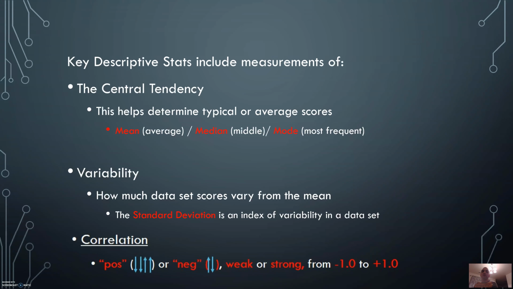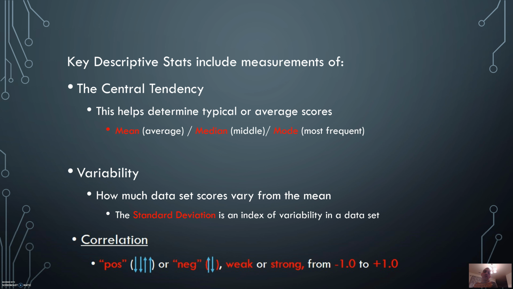You could also have two distributions that are very similar, but the level of the peak of those distributions, or the variability, is very different. And we'll talk about this in a couple slides.